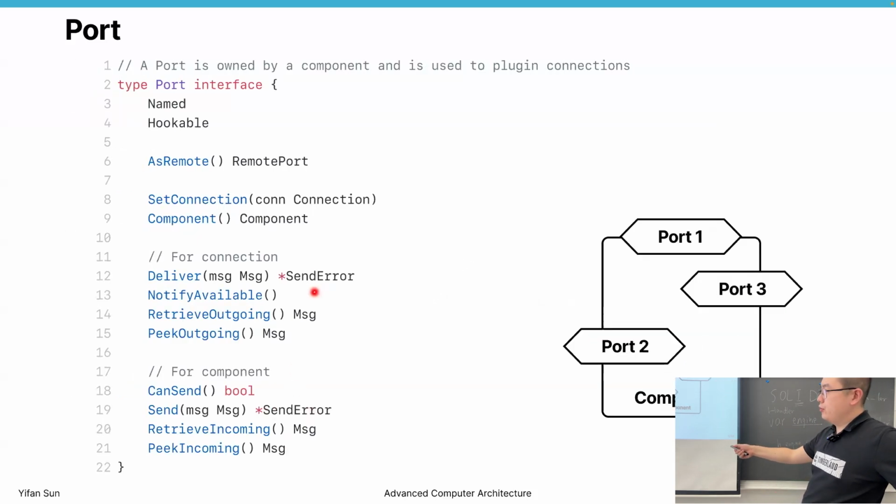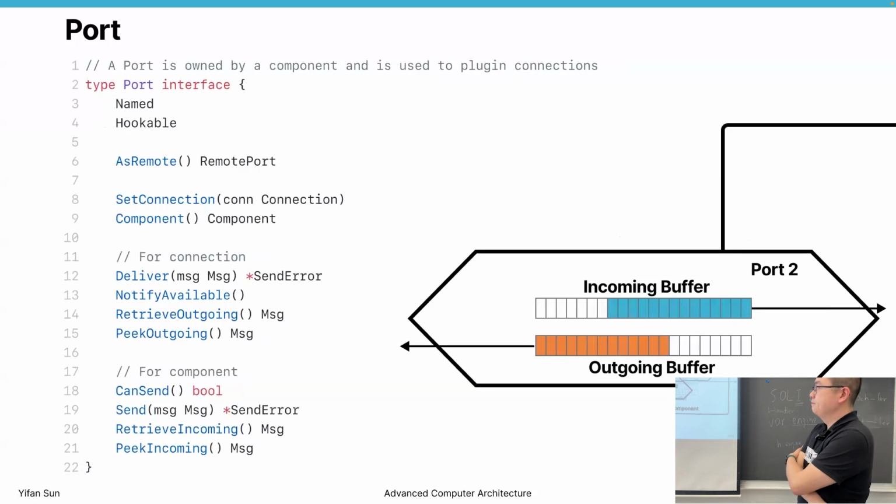I will take you through some of the key function implementations to let you know why ports are actually a super important element in Akita. So ports: within every port, there are two buffers. One is the incoming buffer, one is the outgoing buffer.